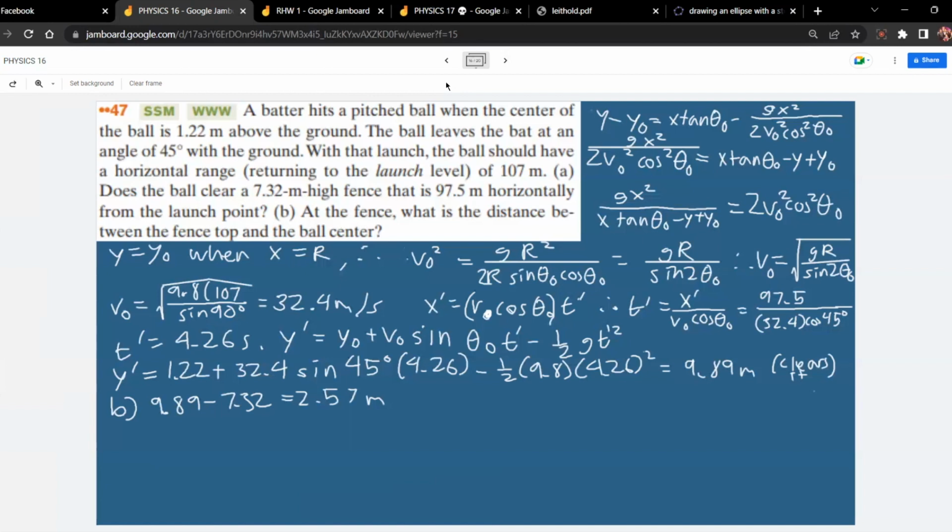1 over cosine theta is square root of 2. So, pag pinlog in natin yung initial speed, hindi. Meron pang plus y sub 0. So, y sub 0 is 1.22 meters.